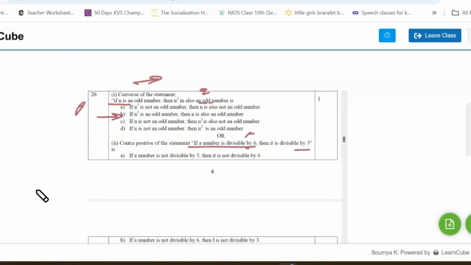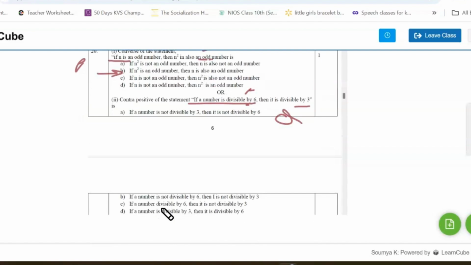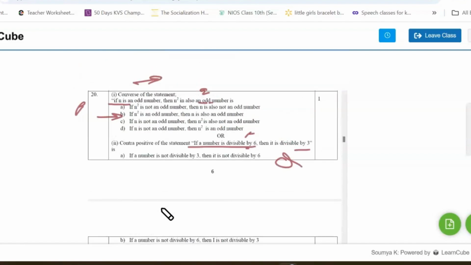Let this be P and let this be Q. Okay. So the thing is, if not Q, then not P. That means if it is not divisible by 3, then it is not divisible by 6. So that is the answer.